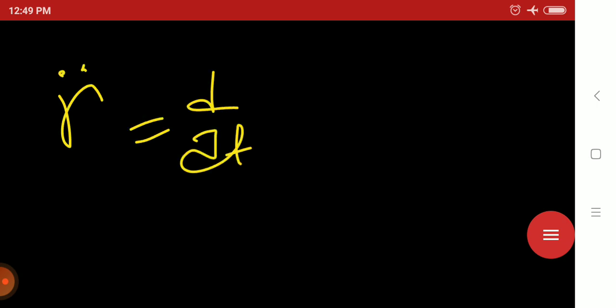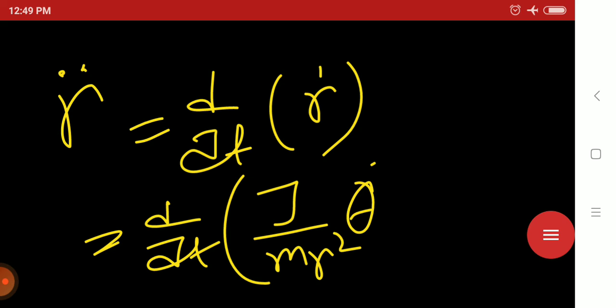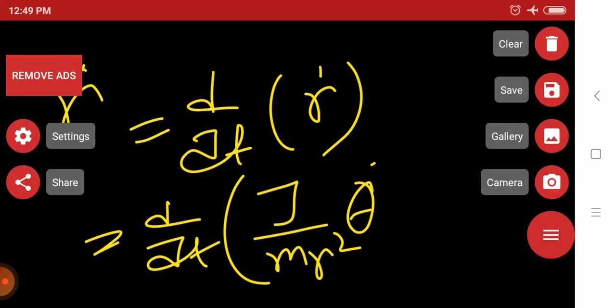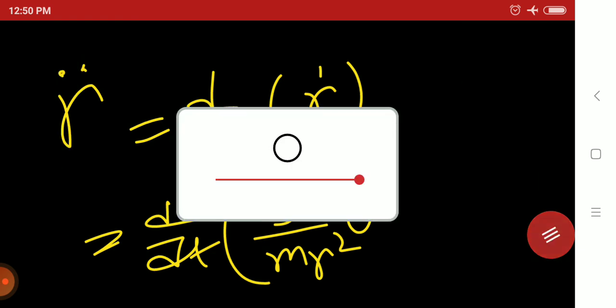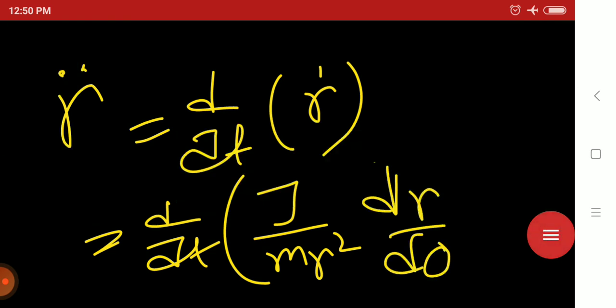So r double dot can be written as ddt of r dot, which equals ddt of j by mr square into dr by d theta.